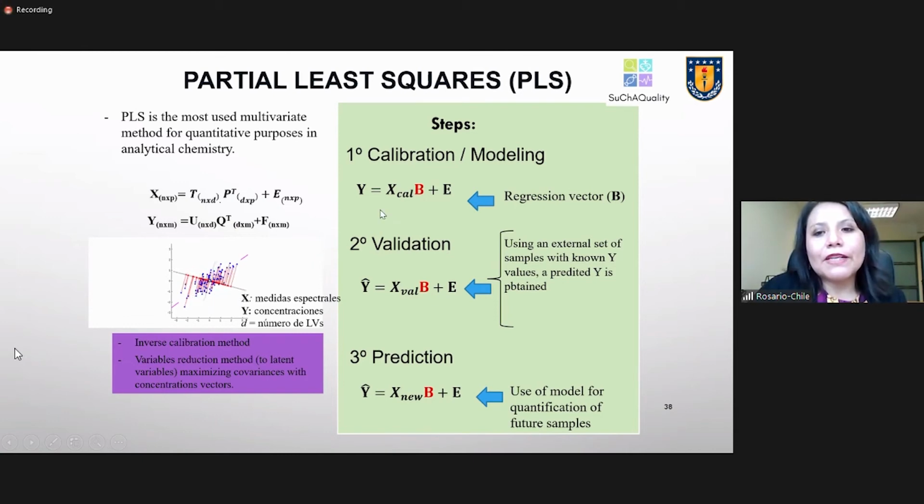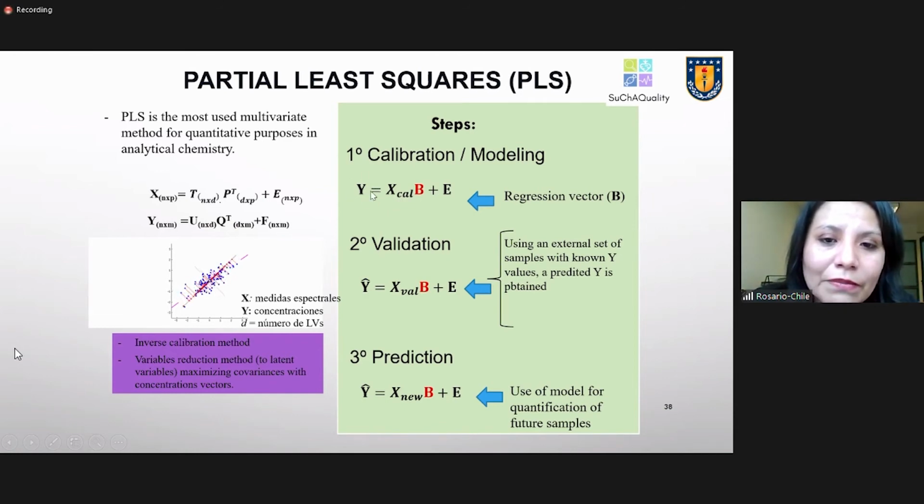Every calibration method needs three steps. The first step is calibration. It uses samples with concentrations that we know, and this equation summarizes the relationship between the X and Y matrices. This is very simple.